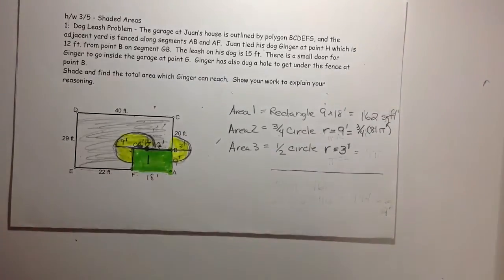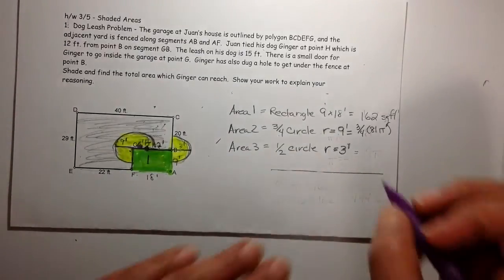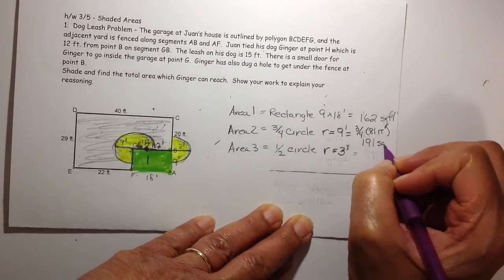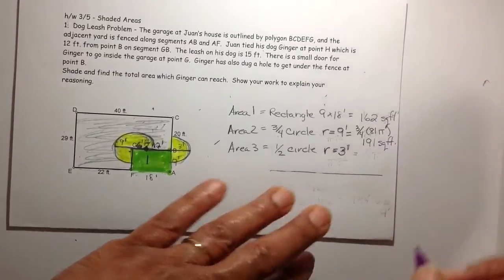Okay, so 3/4 of 81 pi. So let's see how far that is. About 191 if I'm estimating it. So 191 square feet, or I should say rounding.